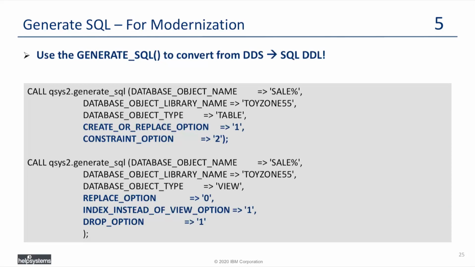It's a little bit surprising until you've seen it, and it's just downright simple using this technology, because you're pointing the database to DDS-created physical files and logicals or physicals, and the database will generate what you ask for. And then by the end of that construct, you will have SQL DDL.